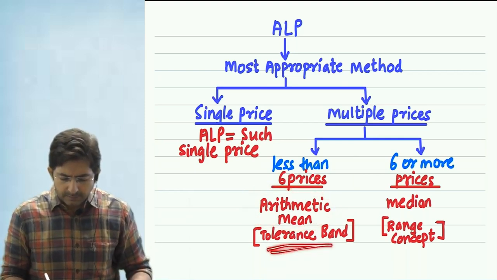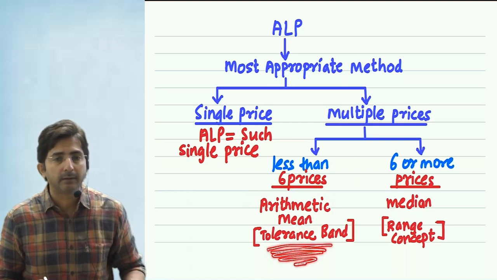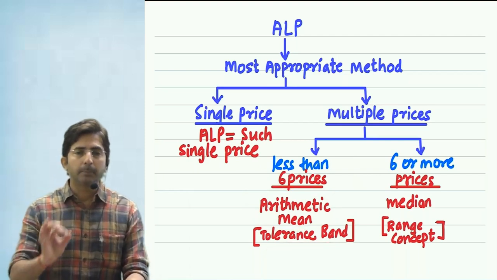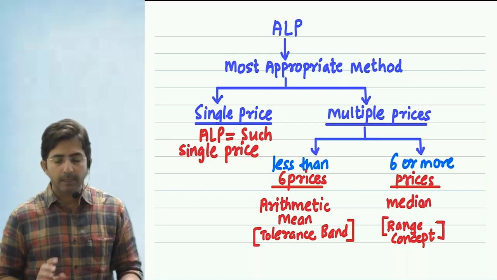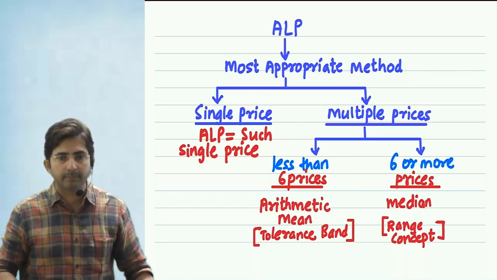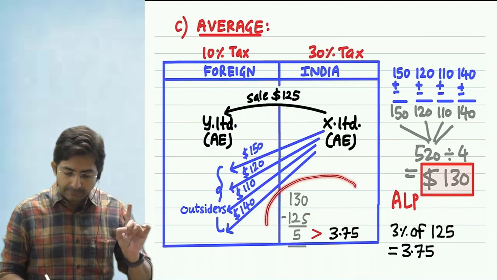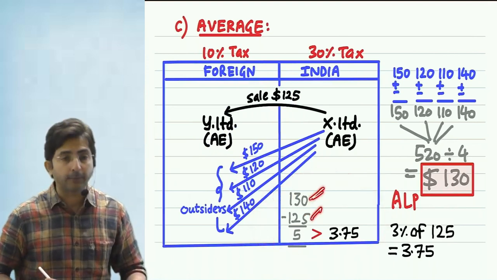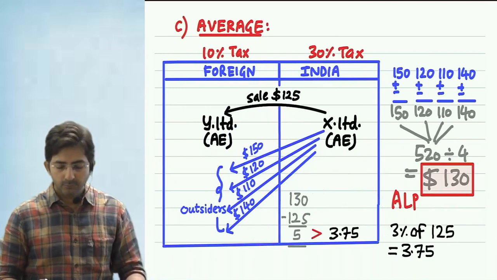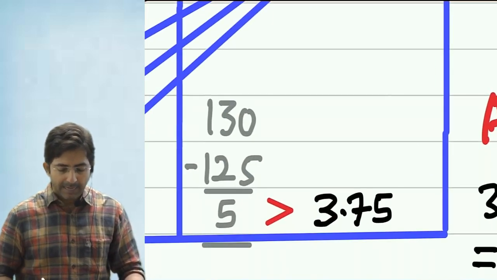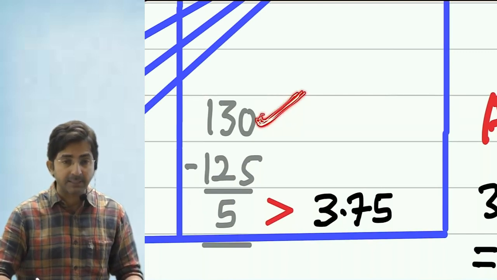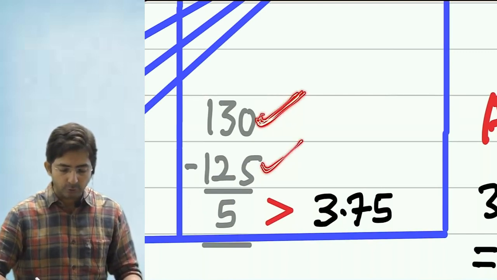And here there is a concept of tolerance band. What is the tolerance band? 3% of actual price. Tell me how to do the working of 3%. Look, learn this format by heart. First you should see the actual difference. Actual difference means the ALP which I calculated by averaging and the actual price.